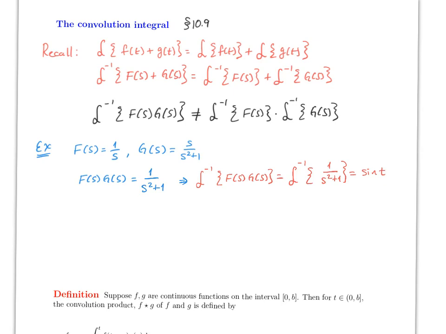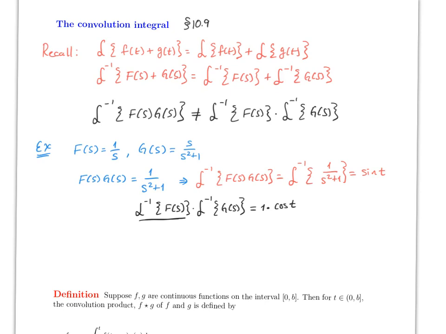However, if you do the inverse Laplace transform of f of s times the inverse Laplace transform of g of s, we get the following. The inverse Laplace transform of f of s, again if you look at the table, is equal to 1, and the inverse Laplace transform of g of s is equal to cosine t.